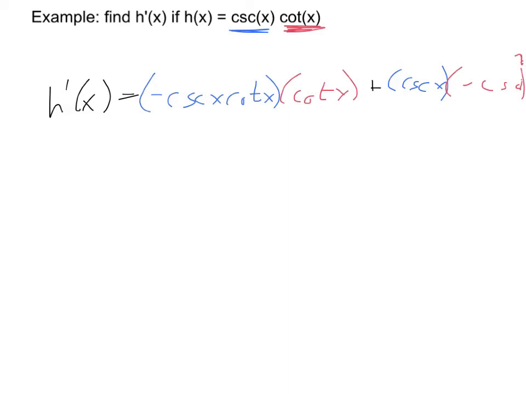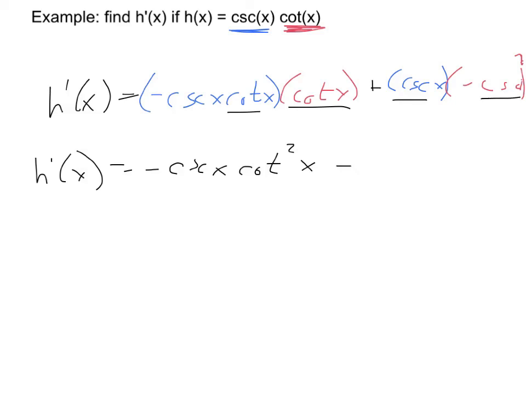Let's see here, my h prime of x now. My first term is negative cosecant x cotangent squared x, because there were two of them. Then over here, minus, I have cosecant x times cosecant squared x. So in the end, I end up with cosecant cubed x.